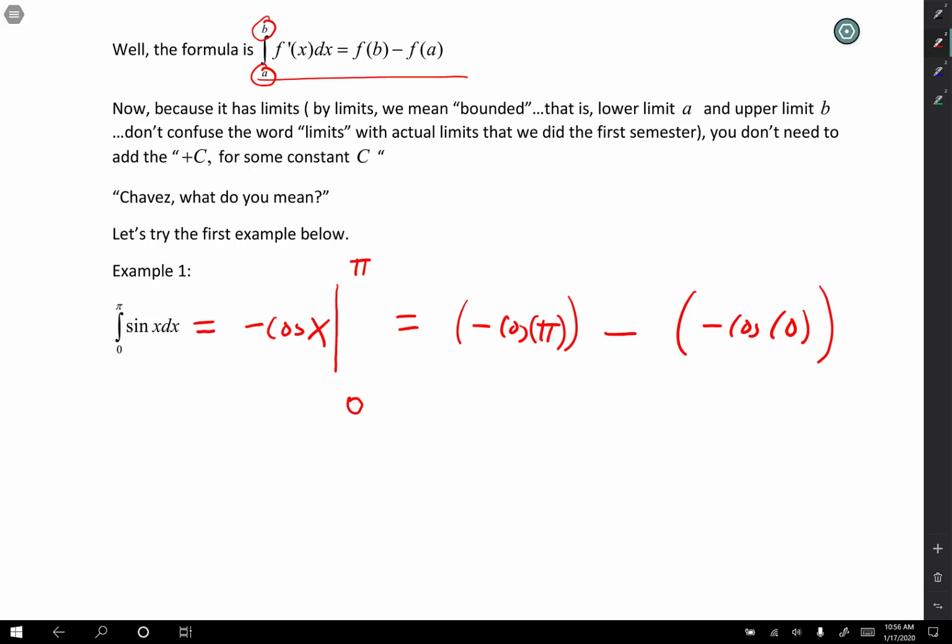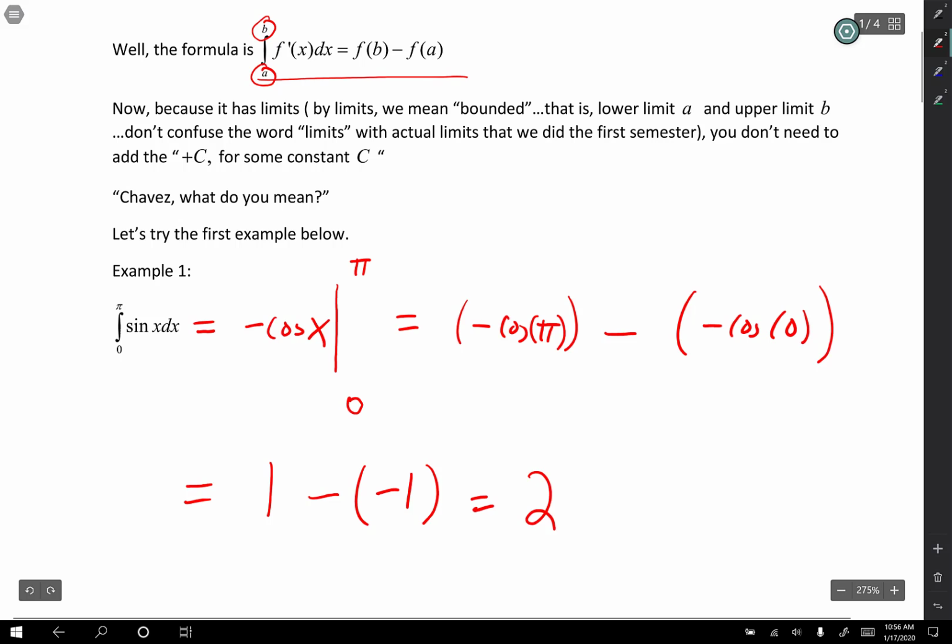So cosine of pi is negative 1, but I have a negative in the front, so that turns it into 1, minus cosine of 0. Cosine of 0 is 1, but I have a negative there. Minus a negative turns it into a positive, so this is 2. And that's it. We're just using the formula because we have limits. If we didn't have limits, we put plus C.